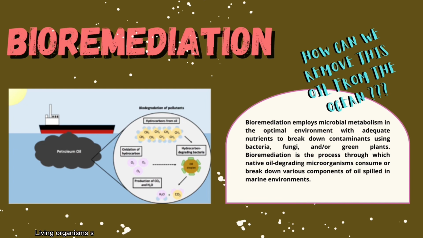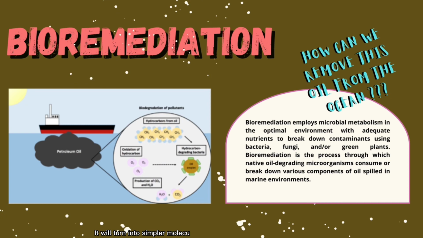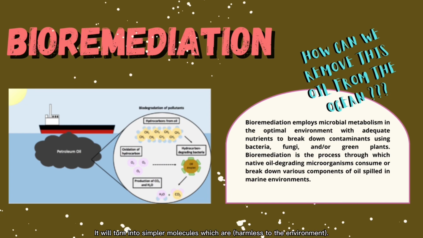Living organisms such as bacteria and fungi are used in bioremediation to reduce complex chemical compounds, which are often hazardous to the environment. It will turn them into simpler molecules which are harmless to the environment. Bioremediation can be in situ, which is treatment at the contaminated site, or ex situ, which is transporting the oil away from the contaminated site to a treatment facility.